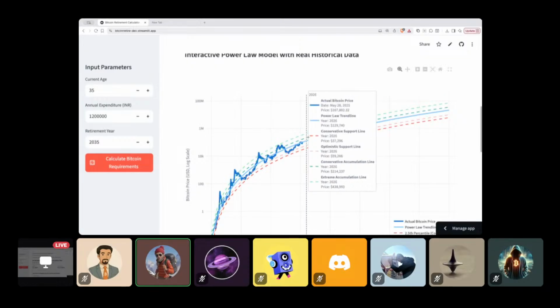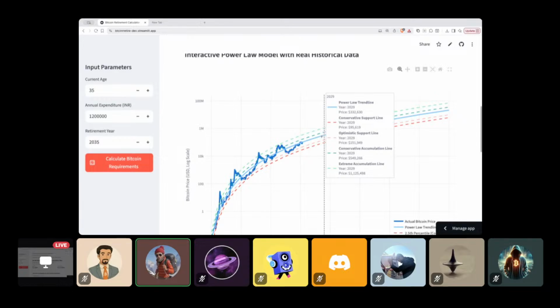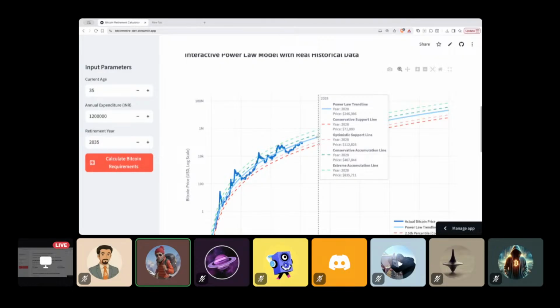For accumulation, I have defined three cases based on the assumption that the BTC's price will follow either the power law trend line itself, the light blue straight line, or the 86.5th percentile line, which is the dark green, and the 97.5th percentile line, which is light green.